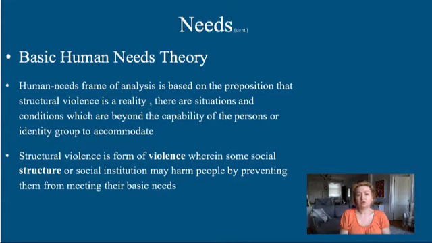Well, for example, institutionalized gender inequities, ageism, classism, elitism, ethnocentrism, nationalism, racism, sexism. So these are all examples of structural violence that lead to the frustration of basic human needs.